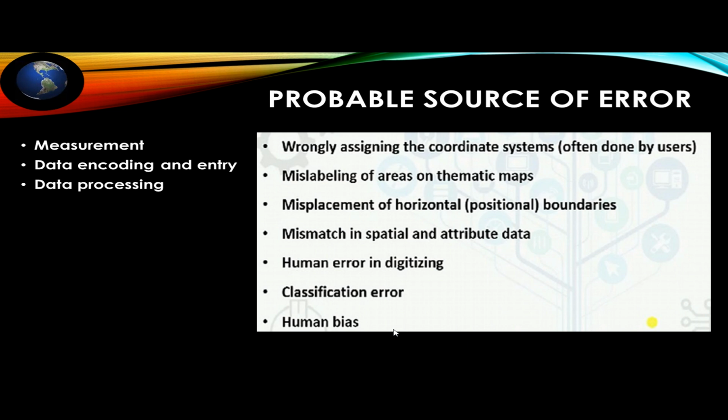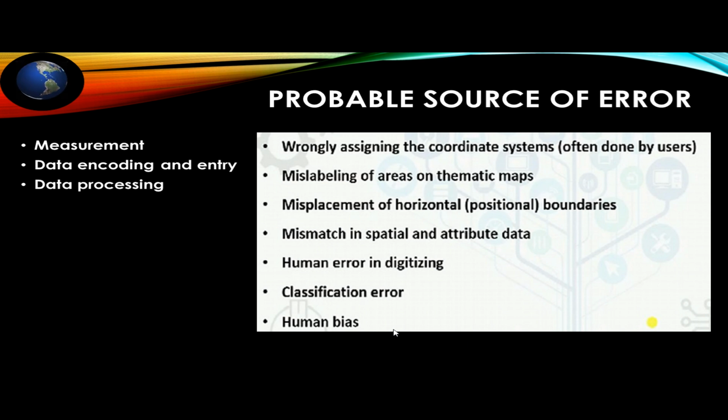So that may cause mismatching of attribute and spatial data. It means what we are seeing or calculating in terms of tables, or the features we are dealing with, is showing different output. So that is also an error in the GIS dataset.